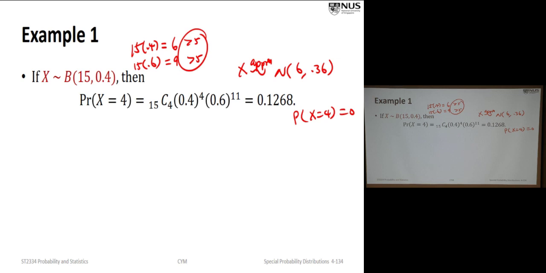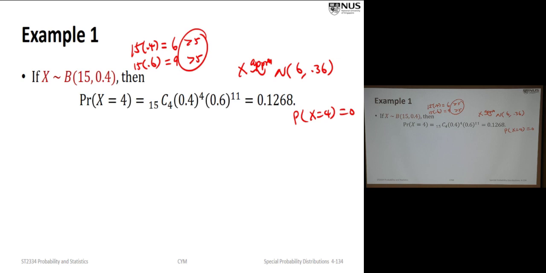Let me ask again. X is binomial with n equal to 15 and p, the probability of success for one trial, equal to 0.4. So I want to compute for X equal to 4, and I can compute it easily. But if I use the normal approximation, then it follows approximately a normal distribution with mean 6 and variance 3.6, which is n times p times q, where q is 1 minus p.